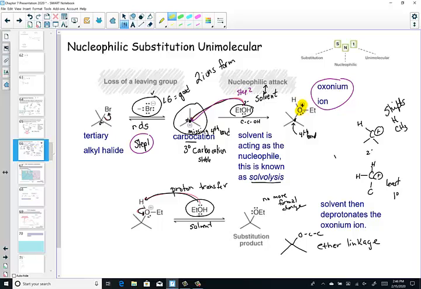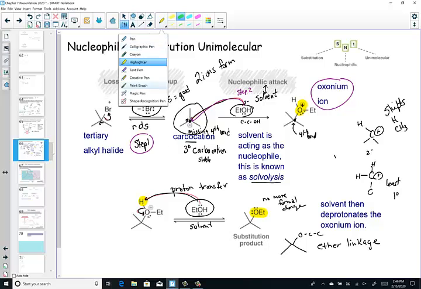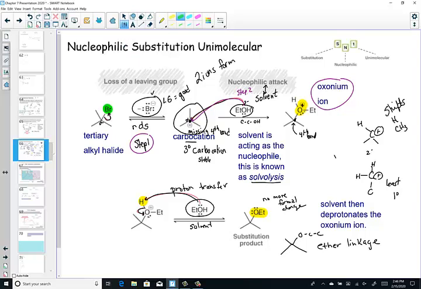And to do that, the solvolysis continues. The solvent then reaches out for that proton and deprotonates it to create the ether linkage as the substitution. So notice substitution occurred. We turned a bromide into an ether linkage through an SN1 mechanism. It is a multi-step mechanism.